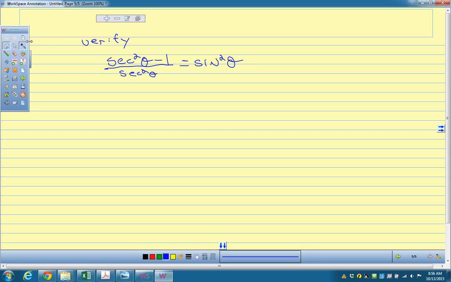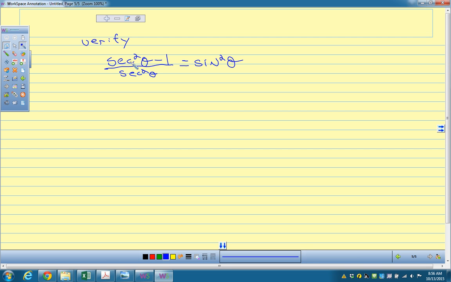Anyone want to guess what to do with that? Trent? Change secant squared theta minus 1 into tan. Perfect. Okay? So I say, oh, this is equal to tan squared theta.